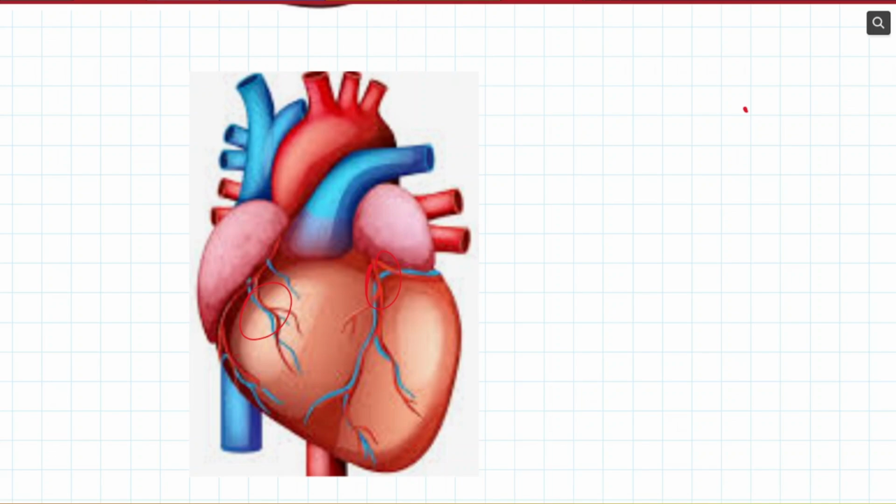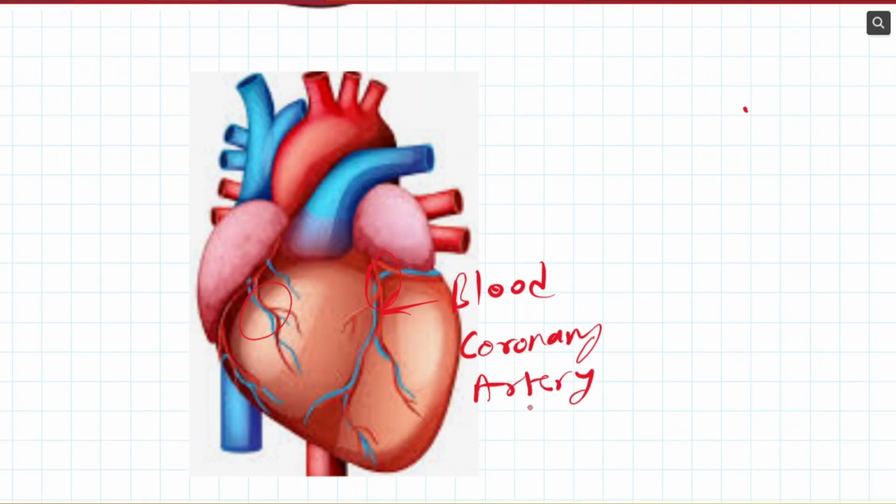Now, what we have to remember here is, if the heart is not getting an optimum supply of blood through the coronary artery, the heart cannot function.